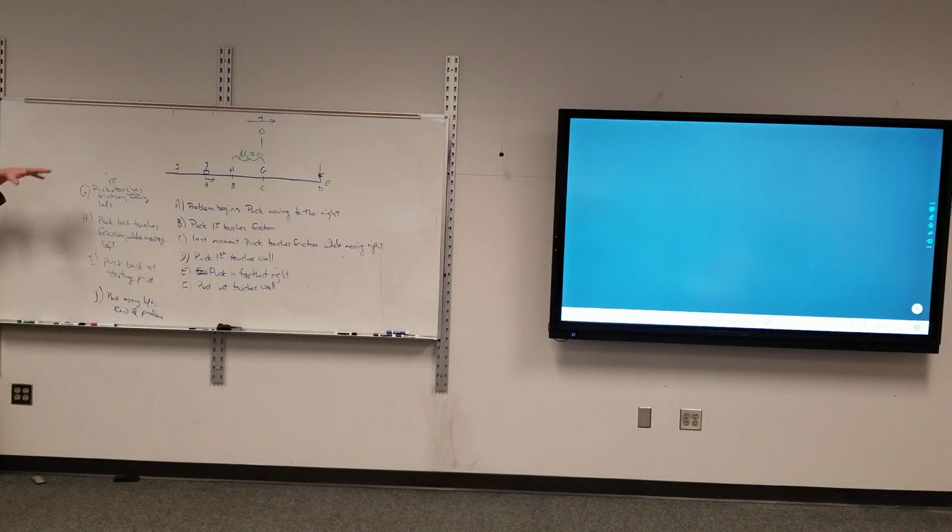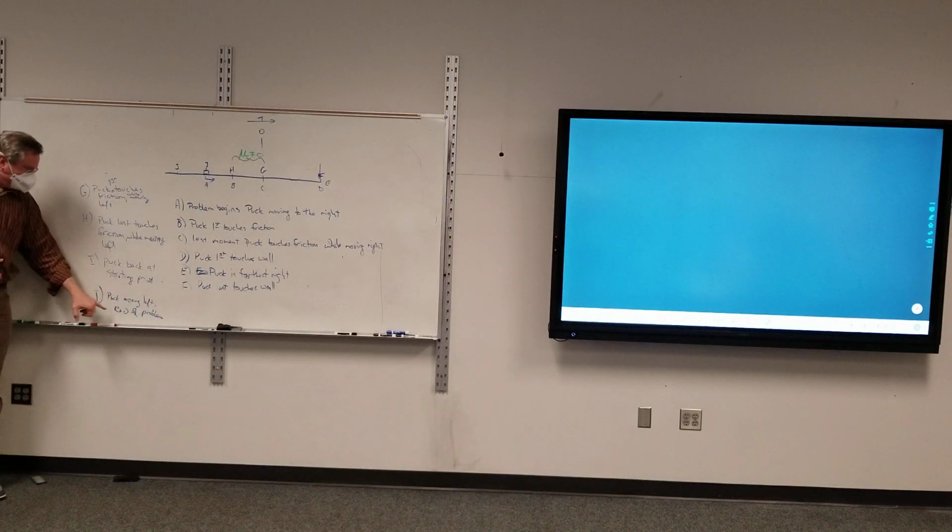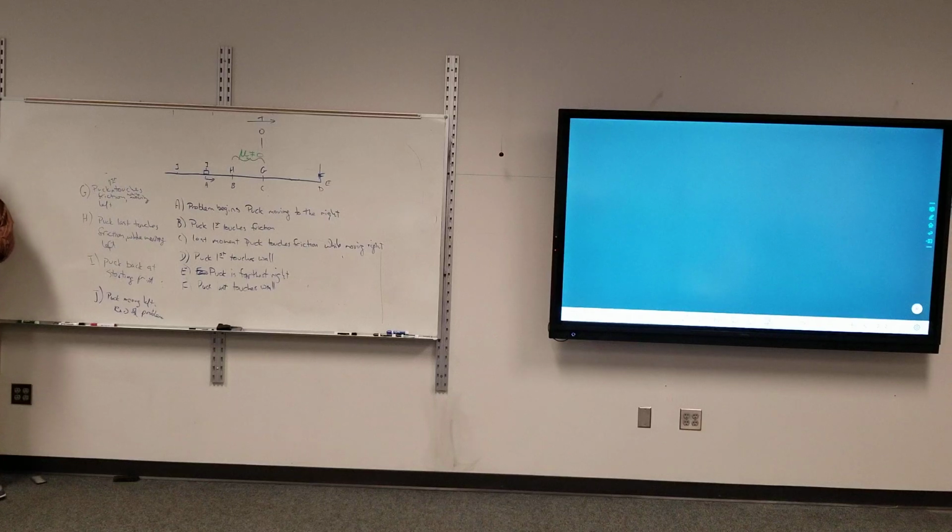Does anybody need me to read or interpret my handwriting? G and H. G is puck first touches friction while moving left. And H is puck last touches friction while moving left. J is puck moving left, end of problem. And I is puck back at starting point.